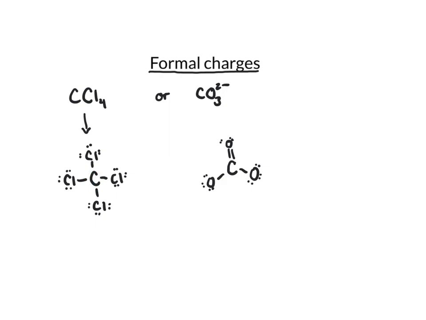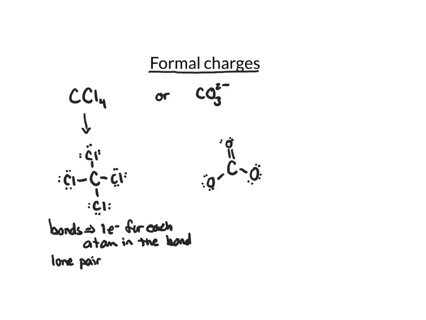So this carbon atom, in terms of formal charges, would have 1, 2, 3, 4 electrons around it, because I'm going to count bonds as 1 electron for each atom in the bond. That takes care of both of the electrons in that bond. And then if I have lone pairs, those lone pairs belong completely to the atom that they're on.